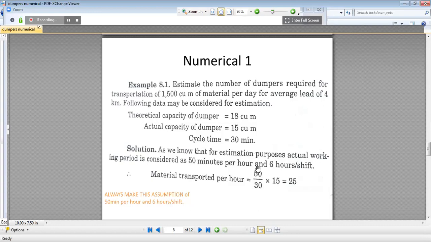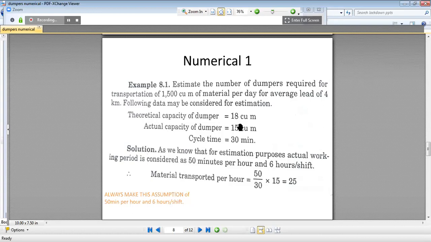Now we'll go to the solution part. As we know, for estimation purposes, the actual period is considered as 50 minutes per hour. What will be the material transported per hour? The dumper is working for 50 minutes, and the cycle time of a dumper is 30 minutes. And what is the capacity of the dumper?